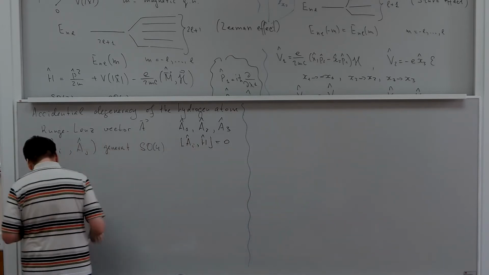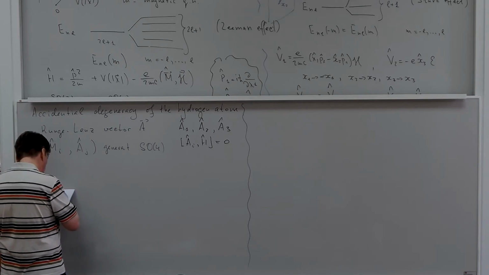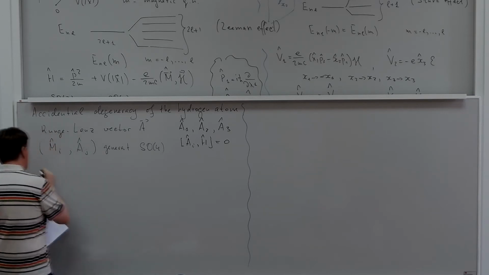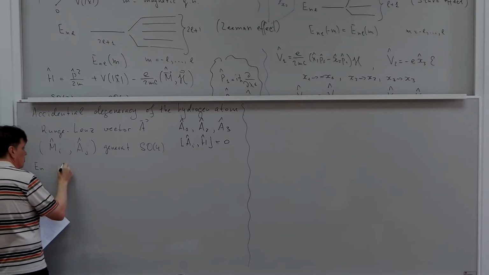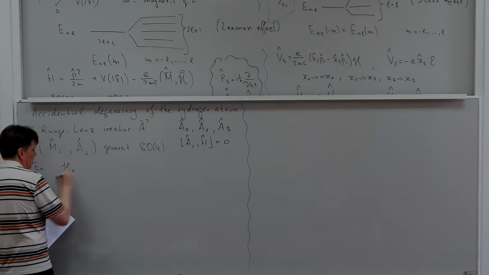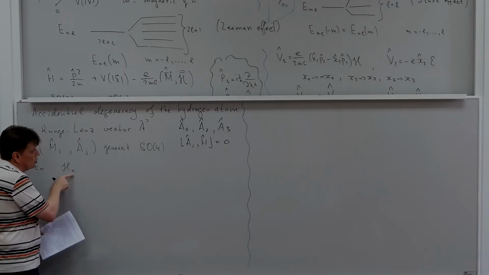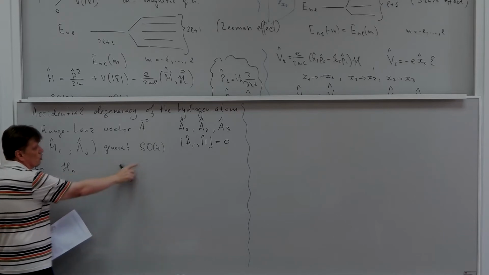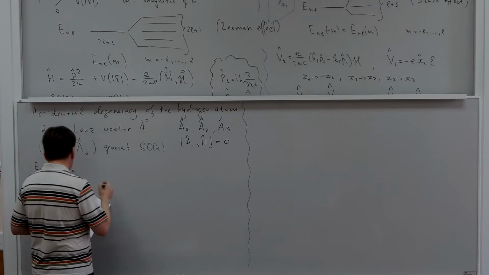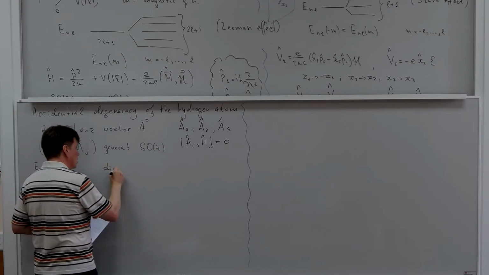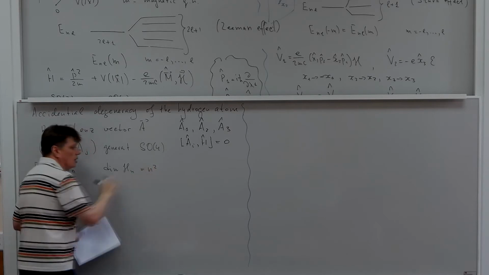And then each eigenspace with definite energy, let me denote it by Hn, carries an irreducible representation of the group SO4 of dimension n squared. So the dimension is equal to n squared.